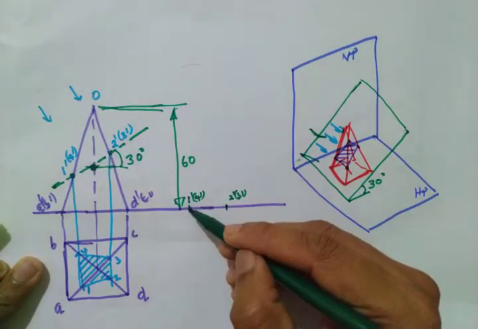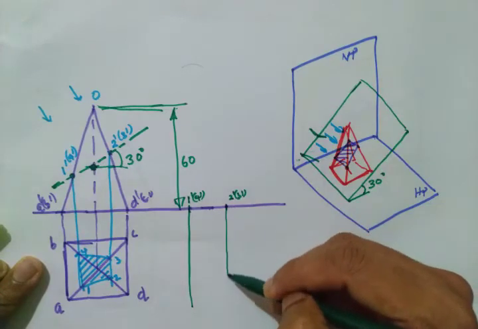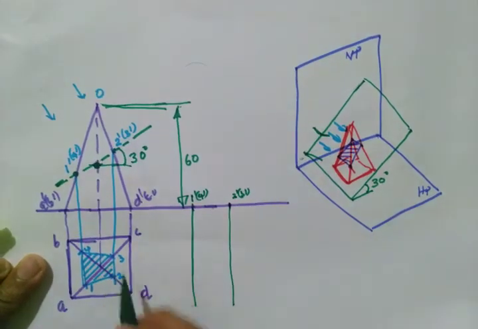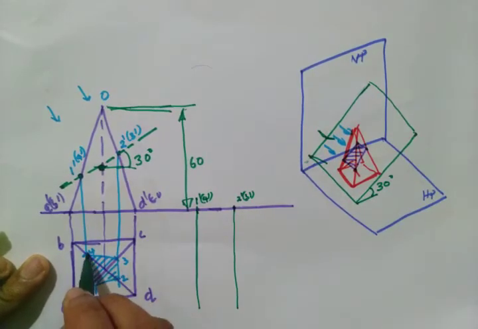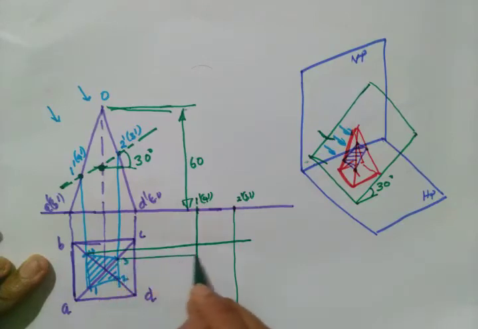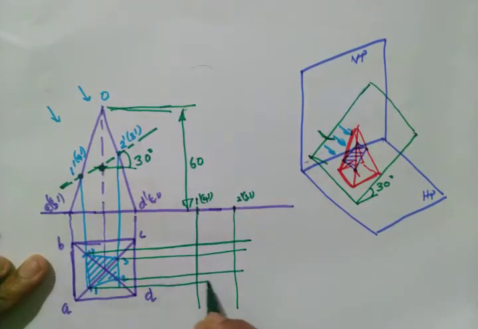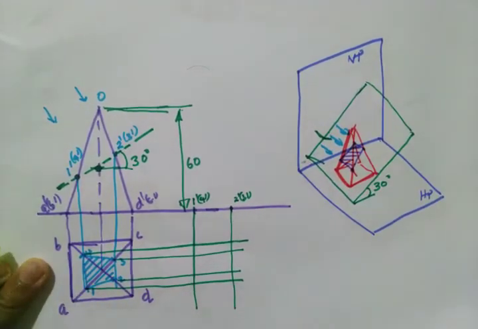Now from this 1, 4, you draw perpendicular projectors, and from the sectional top view you construct horizontal projectors. From 4, from 3, from 2, from 1 also, construct the horizontal projectors.